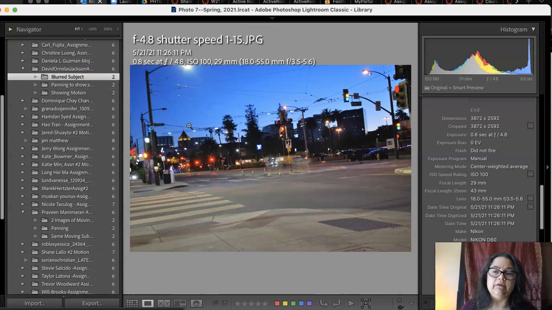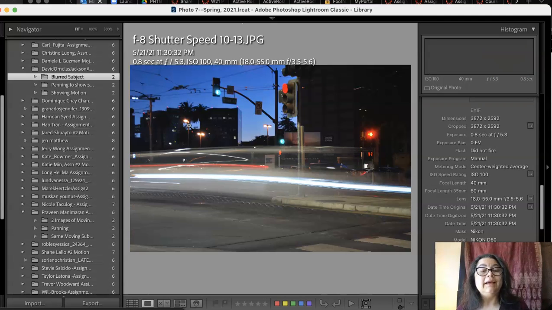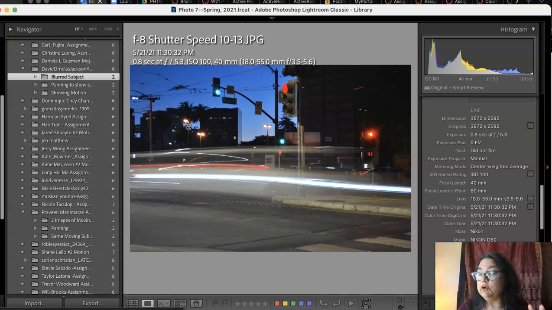With each of the motion sets, you're supposed to make one image that shows motion, a blur of motion, and another image that stops or freezes motion. So you've shown the blurred effect quite well by using a slow shutter speed, but you did not make another image using a fast shutter speed to freeze or stop the motion.